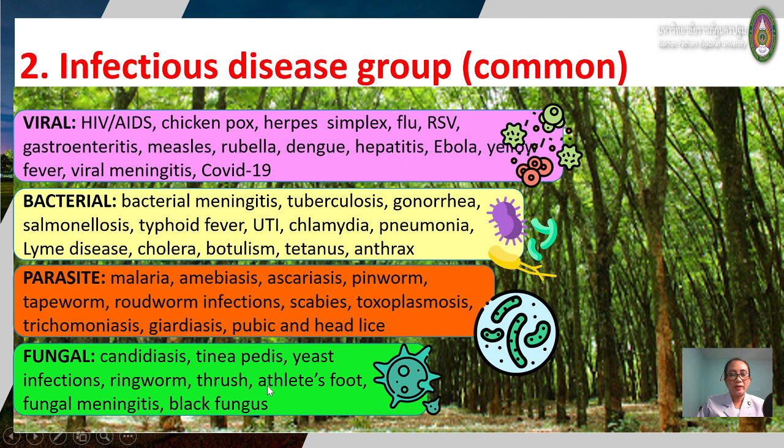As we have seen now in India, after the Delta variant surge of COVID-19, black fungus came out in some patients, and most of them went blind, and the black fungus is really destroying their body.